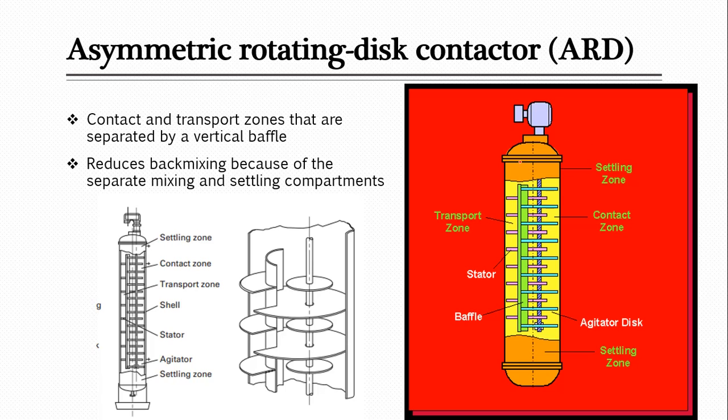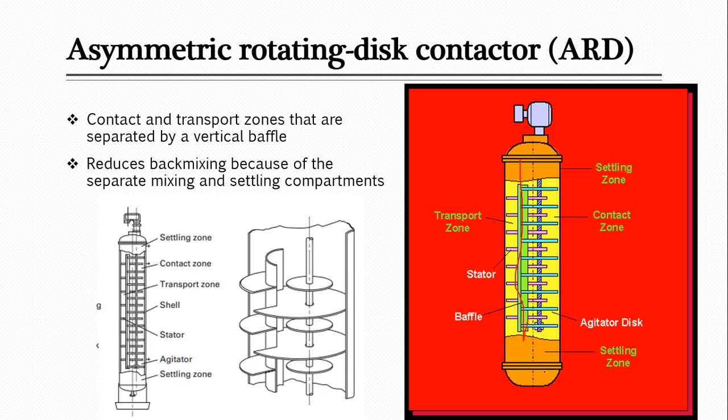If I draw a line here, up to here, this is the same assembly as you have seen for the last contacting device. So what is the improvement here? They have installed this greenish one, which is a vertical baffle, and it separates two zones, the transport zone and the contact zone. There is also a settling zone at the top and the bottom.